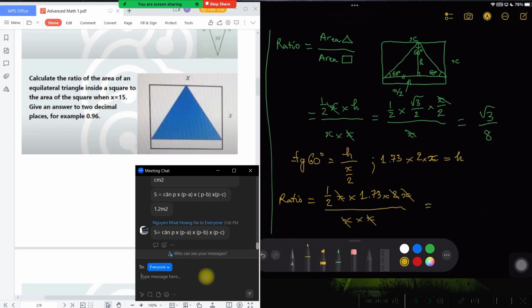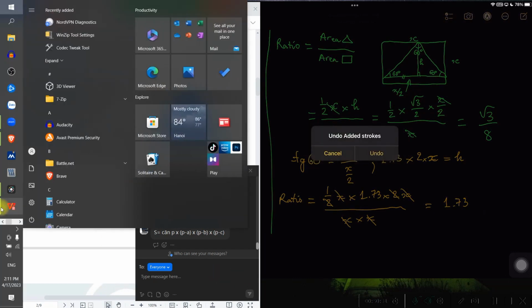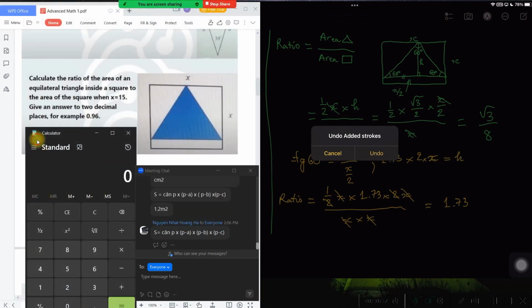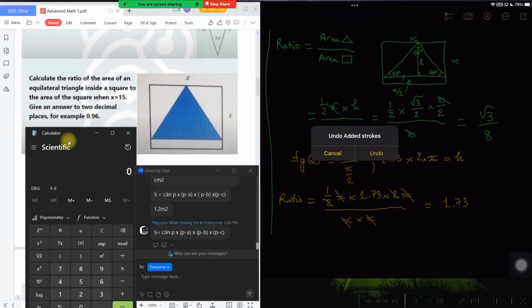And what you have here, it's just 1.73. Okay, so what is square root of 3 then? I need a scientific calculator, I think.